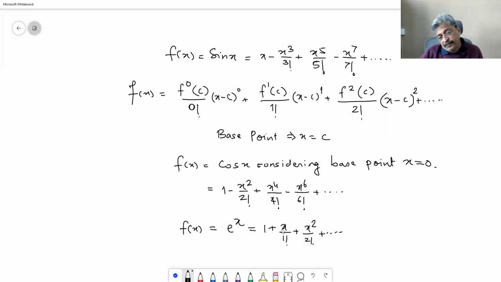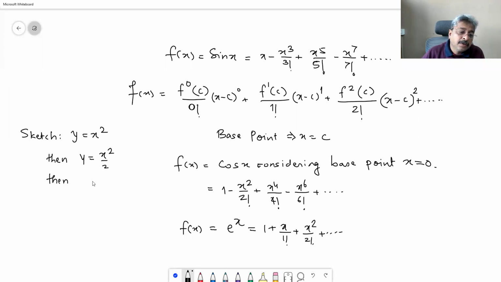Okay. Now sketch y is equal to x square. Then y is equal to x square by 2. Then y is equal to minus x square by 2.